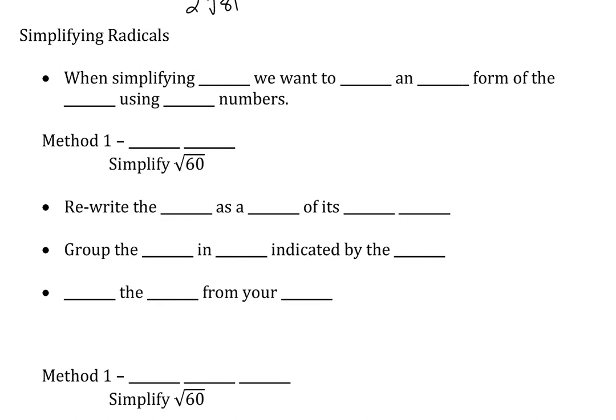So when simplifying radicals, we want to write an equivalent, so that means the same, but it's a fancy math word, equivalent form of the radical using smaller numbers. So method 1, prime factorization.